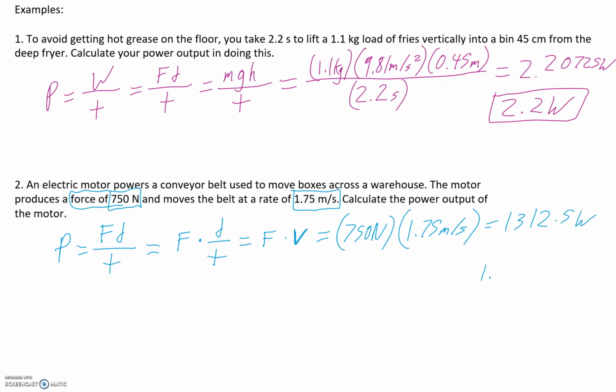There's 3 sig digs, so 1.31 times 10 to the 3 watts, or 1.31 kilowatts. Either one of these two would work perfectly. And that's actually quite reasonable. A normal 15 amp breaker is 1800 watts or something like that. So the maximum a normal outlet in your house could do is about 1.8 kilowatts. So this is quite reasonable in terms of value.